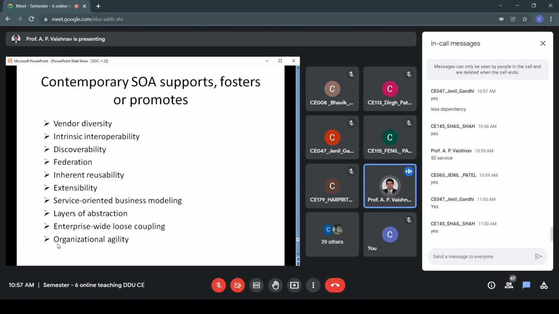Whenever a change request comes, I can accommodate it very easily. So organizational agility requires all the other principles and techniques to hold true.